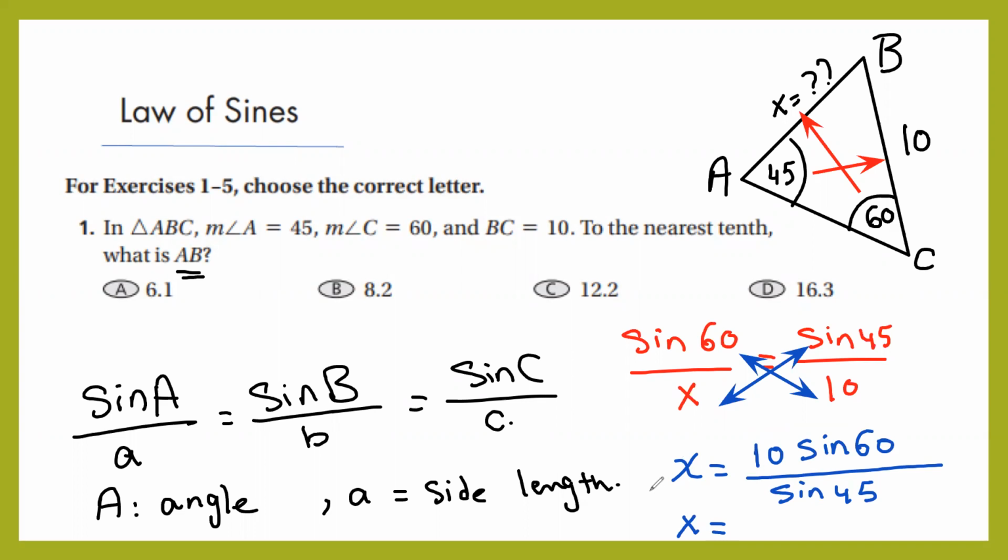So 10 sine 60 divided by sine 45 equals, the answer is 12.24. Okay, the answer is 12.2. So in this case, the answer is C. Yes. Okay, let's go on to the next.